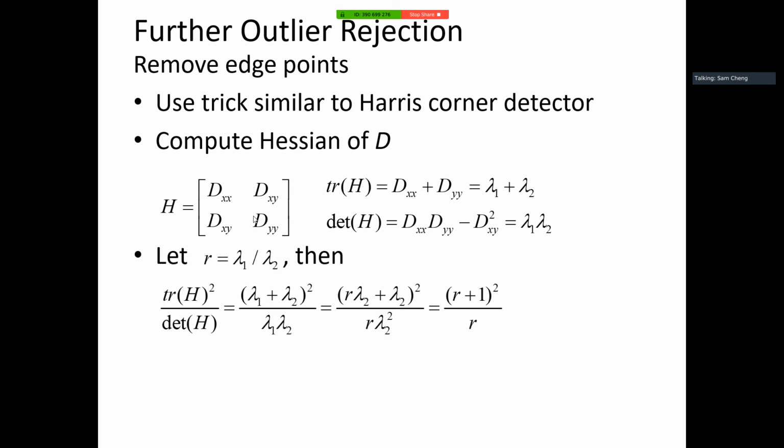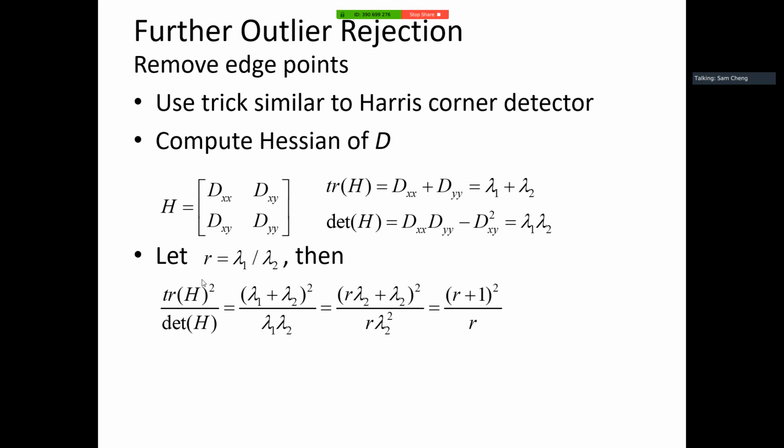So again, we can compute the trace, because the trace of the matrix is just the sum of the diagonal. It's also equal to the sum of the eigenvalues. And we can also compute the product of the eigenvalues, which is basically the determinant. So from the trace and the determinant we get the sum and the product of the eigenvalues.